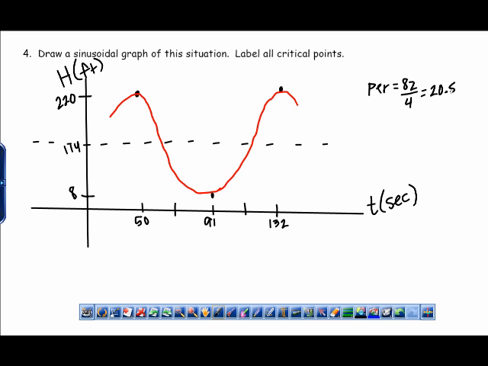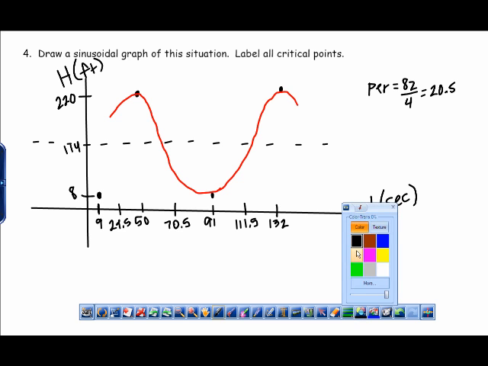This is a word problem. I can find out what these tick marks are. So 70.5. This one would be 111.5. And I could keep going. I could go backwards. I could get 29.5. And I can even find that there's another low point right here at 9 seconds.